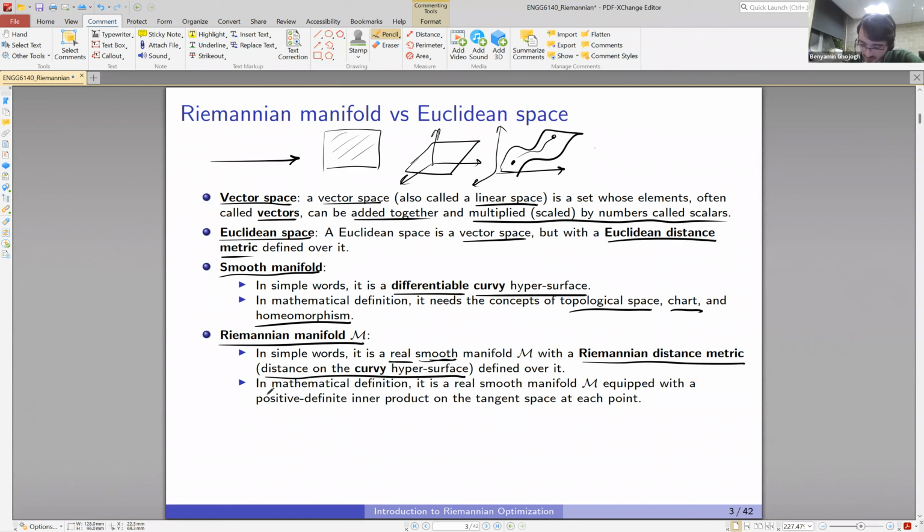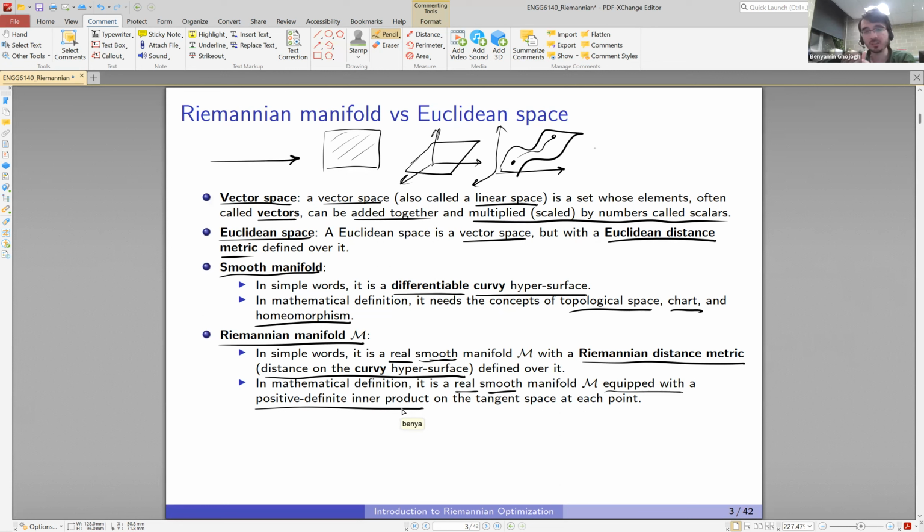This is in simple words. In mathematical definition, it is a smooth real manifold. First off, it's real. Second off, it's smooth. Equipped with is a terminology used a lot in differential geometry. It means that it has a positive definite inner product. So you can calculate the inner product of the vectors in the tangent space of the manifold.